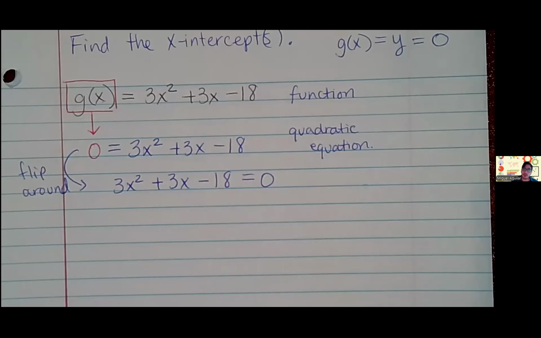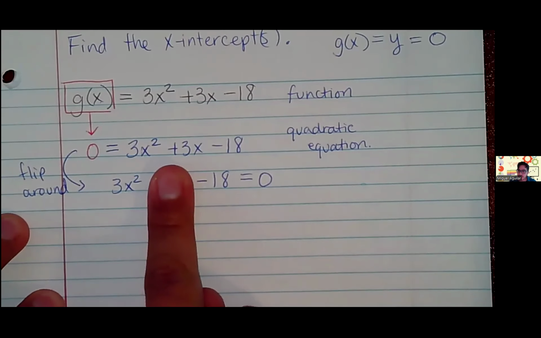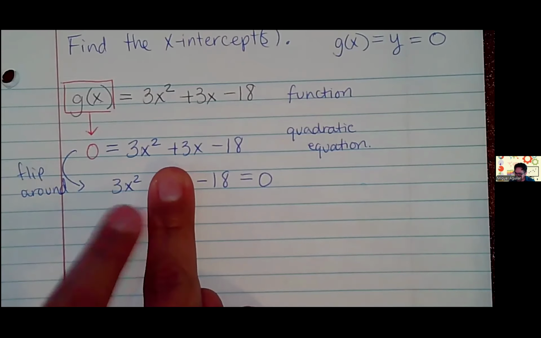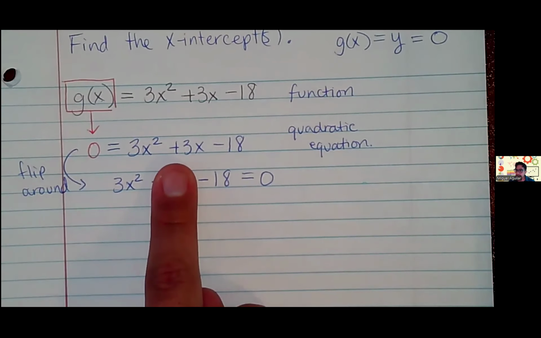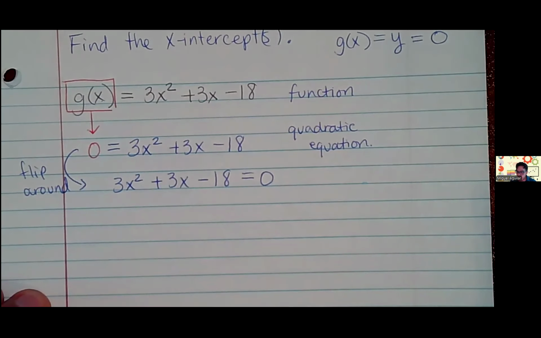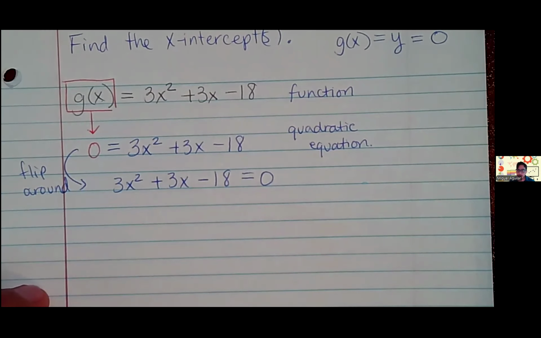The second method for solving a quadratic is by taking square roots, or using the square root property. But we can only use that if we didn't have this 3x term in the middle, right? Because if that were the case, we would just move this 18 over to the other side, divide by 3, and then get the x squared by itself. But again, if we have the 3x term in the middle, we can't do that one.